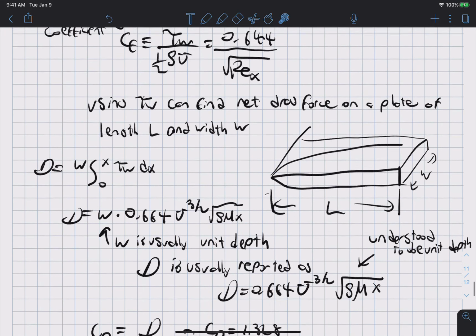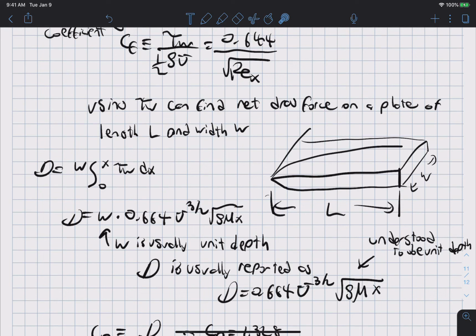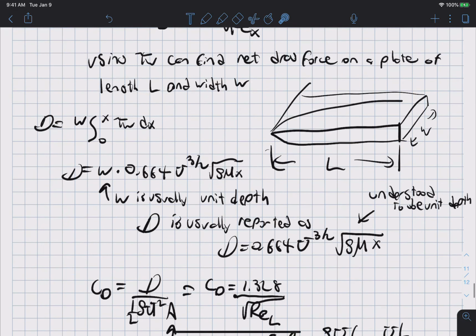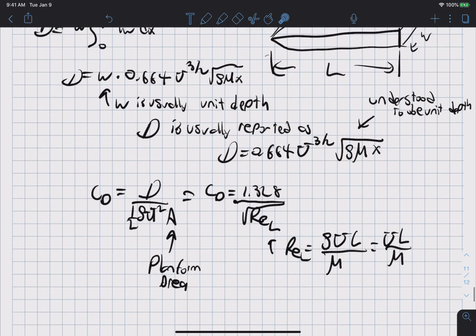For instance, this tau wall gives tau at any x location along the flat plate, but the drag basically integrates that tau wall over the entire length to find a net force. Okay, which is why the drag coefficient is based on a Reynolds number where the characteristic length is not x, it is L. Okay, and so that is it for this lecture.